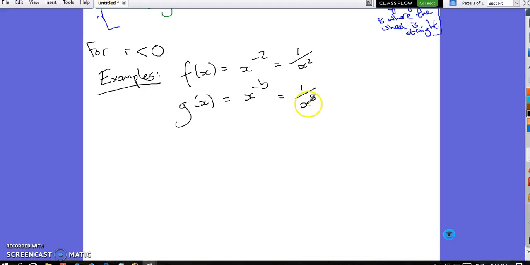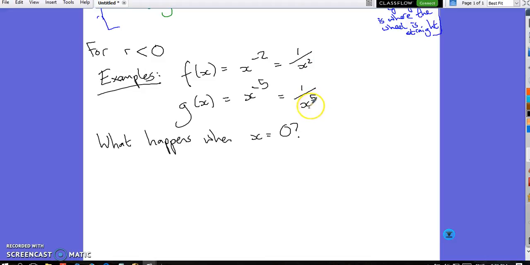And so what does this mean? Well, what happens when x is equal to 0? Well, clearly the functions aren't well defined. If we put 0 in here, 0 squared is still 0. 1 divided by 0 is mathematically impossible, so it doesn't work here.